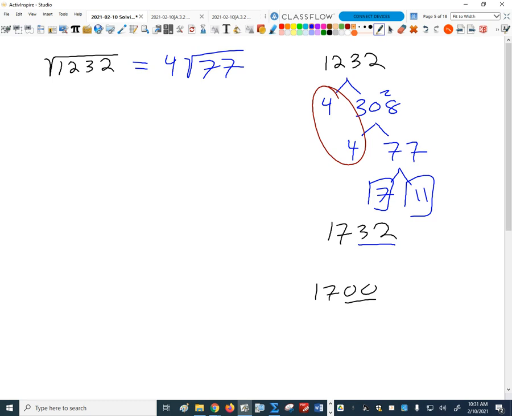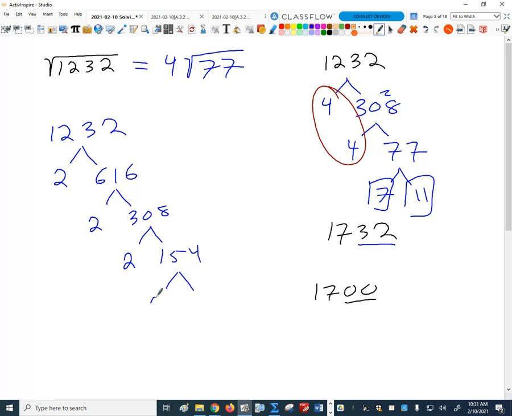Now, if I had done this, I don't want to spend too much time, but I think you guys will find this interesting. If I had broken this up by 2s, look how much harder it would have been. I mean, not that much harder, but I would have ended up with 616. Okay, you say I can do a 2 in that one also. So 2 times 308. Can break another 2 off and make that 154, and break another 2 off and make that 77.